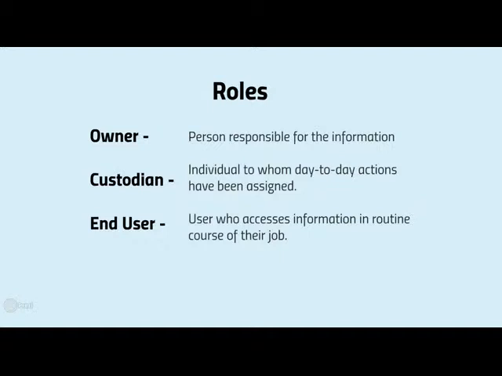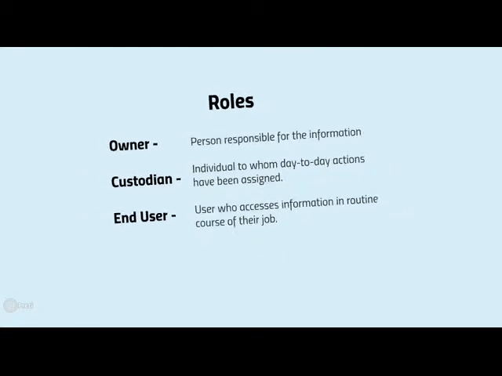The custodian's duties are to periodically review security settings and maintain records of access by end users. And the role of end user is a user who accesses information in the course of a routine job. The end user's duties are to follow the organization's security guidelines and not attempt to circumvent their security responsibilities.